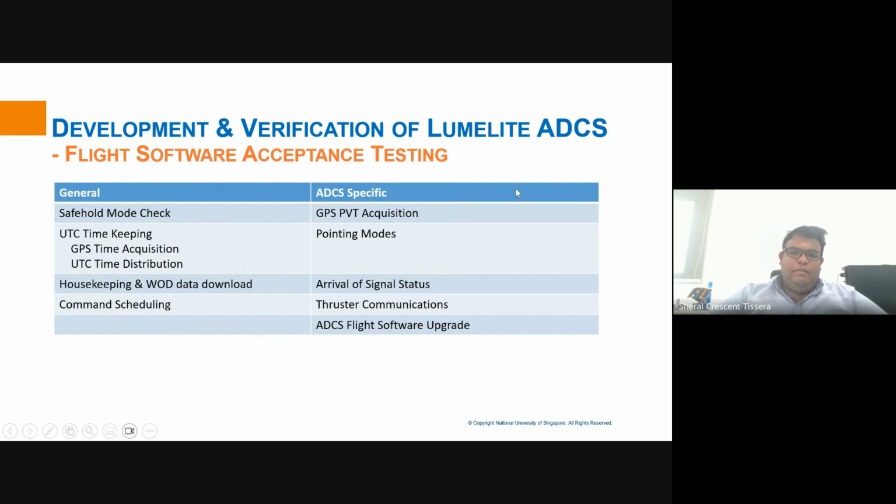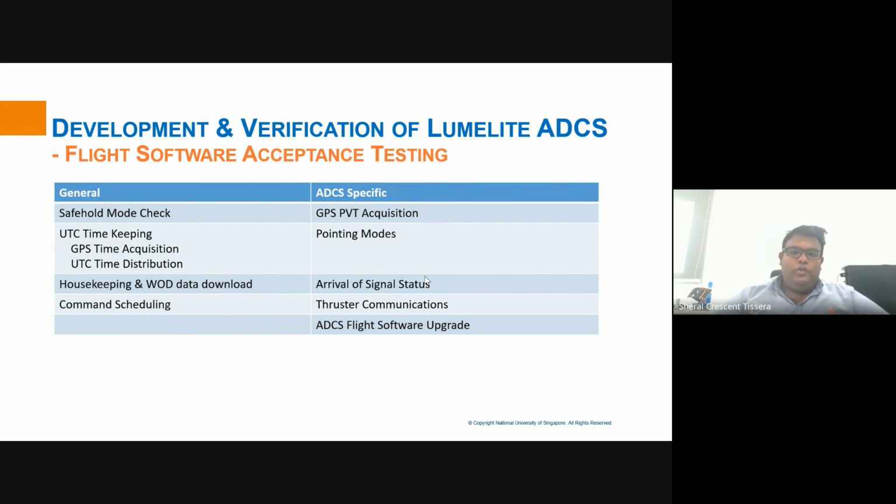Apart from that, the flight software will also cover GPS PVT acquisition using the GPS signals. We will verify all different pointing modes, and also we will verify the arrival of signal status such that when the satellite is close to the ground station, the ADCS will command the communication subsystem to start sending out the beacon using the S-band radio link.